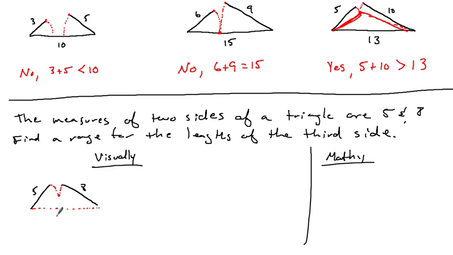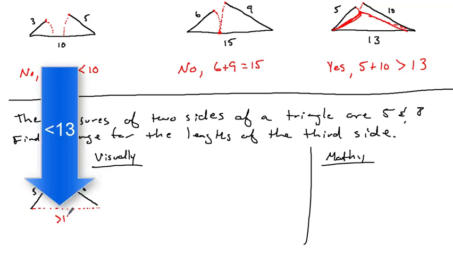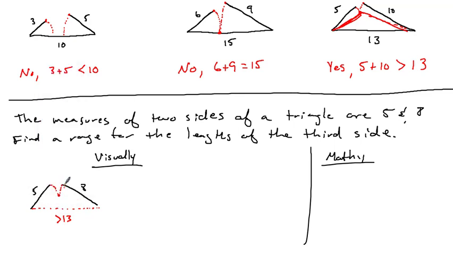And the answer here is that they have to be greater than 13. Because if it was 13 or less, our two sides would just fall in, right? And so we can think about that 5 plus 8 equals 13. So we need our side to be greater than 13.